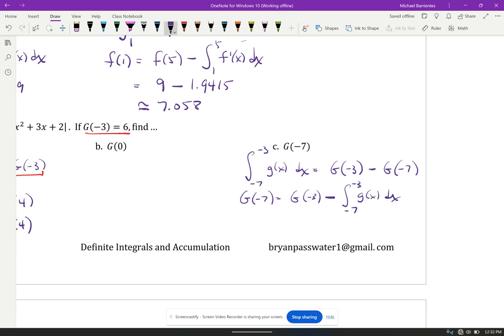We know that G of negative 3 is 6. So 6 minus that integral is going to give me the value that I want. Because if you think about it, this is saying the ending value minus the net change will equal the starting value.